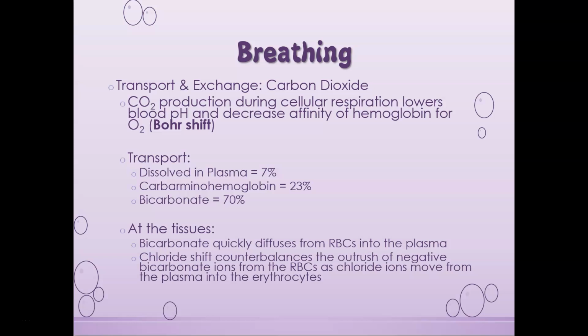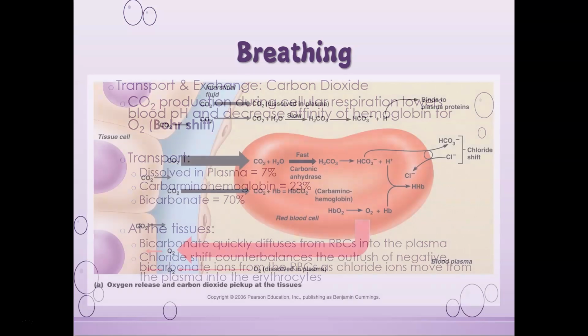But I also have to maintain a reasonable pH level without getting too low. And so in your tissues, you'll produce bicarb, which quickly diffuses from your red blood cells into the plasma, causes this thing called a chloride shift to counterbalance the negative bicarb ions that are there. All of this is meant to keep your blood within a reasonable range, so that we can allow that oxygen to get unloaded without totally destroying all sorts of other proteins that are hanging out in your blood.